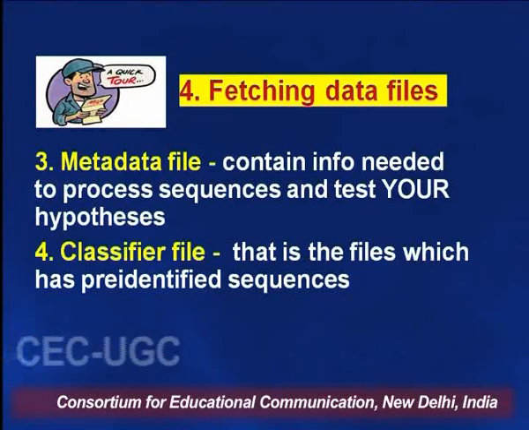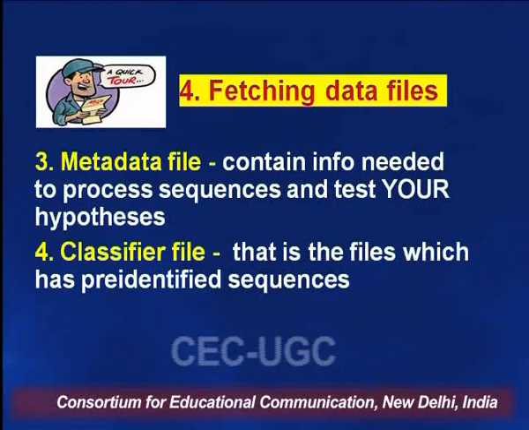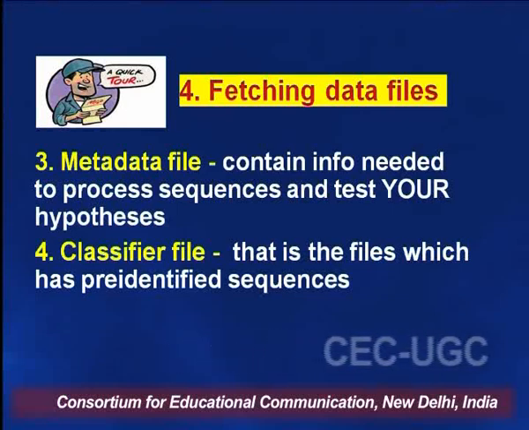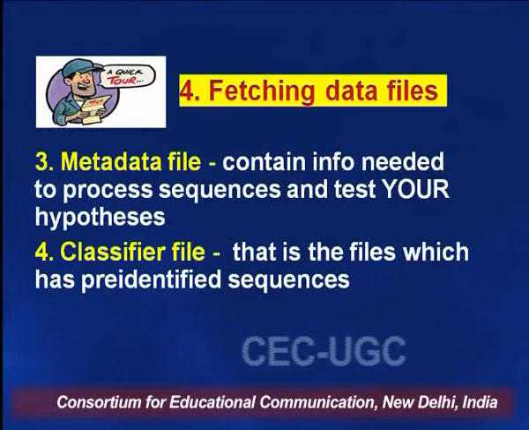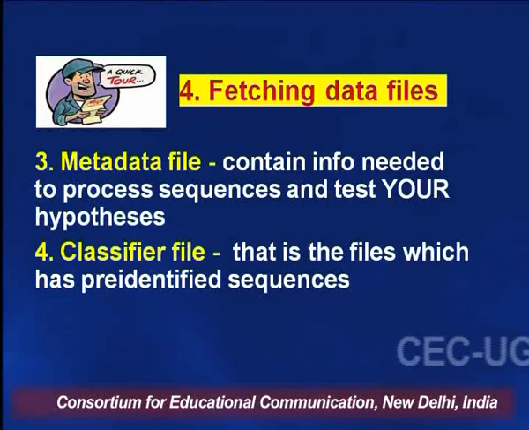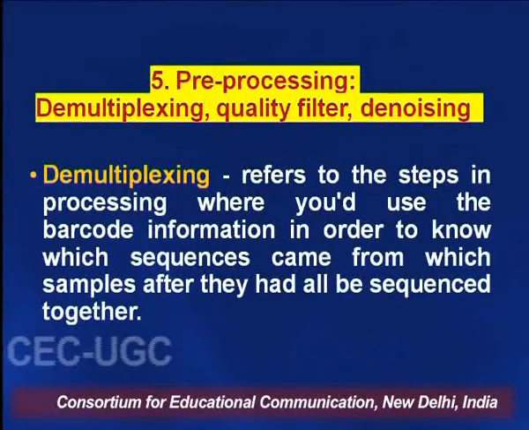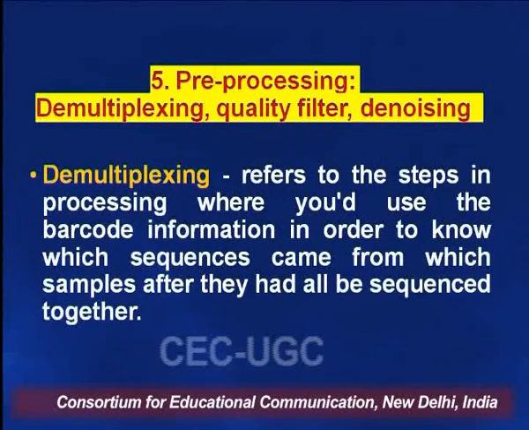What are classifier files? I said already, we have to have pre-identified sequences. In my gut, if I find an OTU and I say it is Lactobacillus, I must have the already identified sequence of that, so that I can compare and say that this is Lactobacillus. So we must have these 4 types of files.